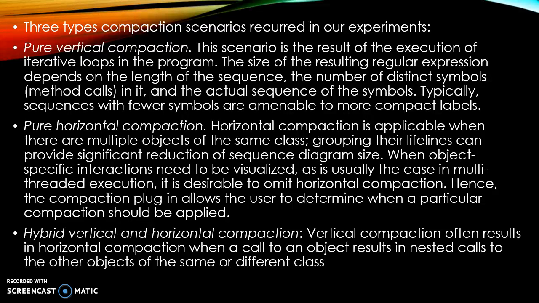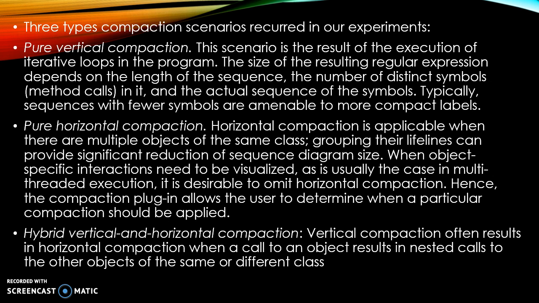Pure vertical compaction. This scenario is the result of execution of iterative loops in the program. The size of the resulting regular expressions depends on the length of the sequence, the number of distinct symbols in it, and the actual sequence of symbols. Typically, sequences with fewer symbols are amenable to more compact labels.